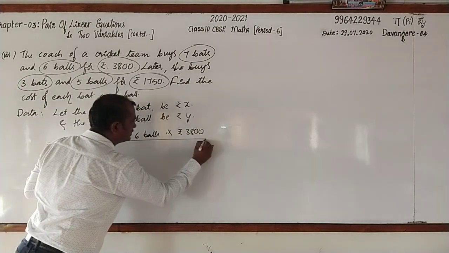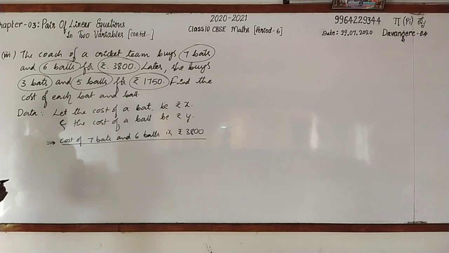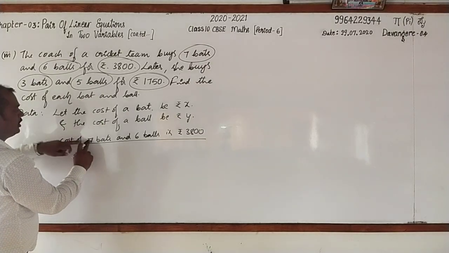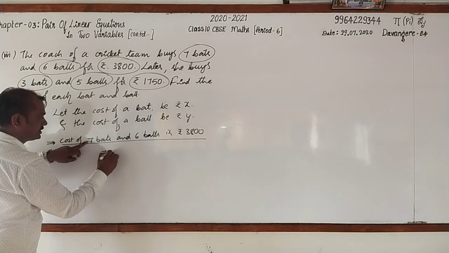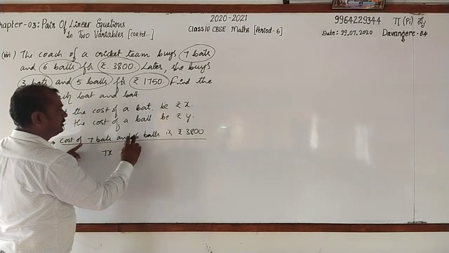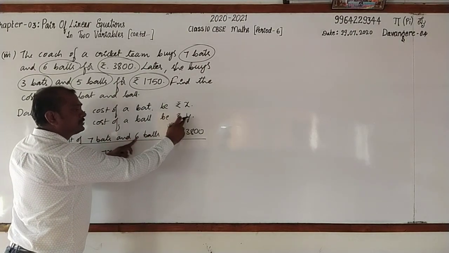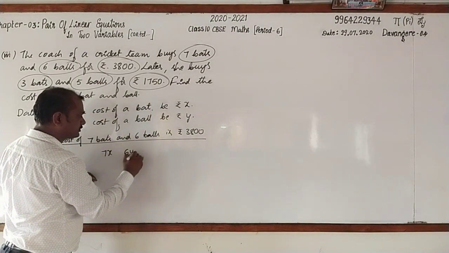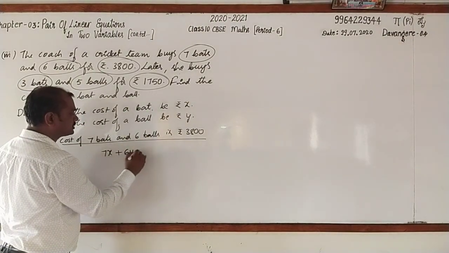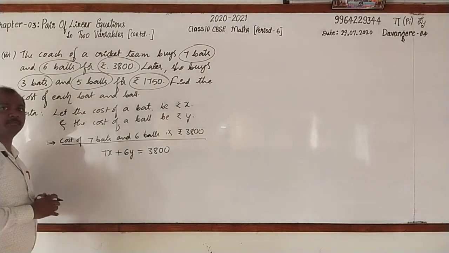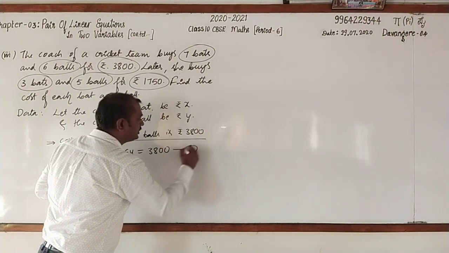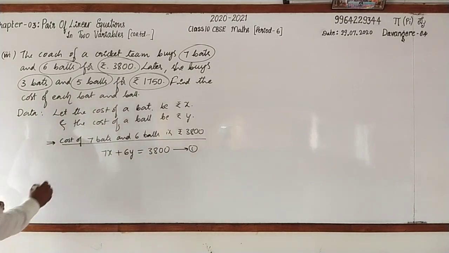Let us convert this statement into a mathematical equation. What is the cost of 1 bat? Rupees x. 7 bats, 7x. Then 1 ball is rupees y. 6 balls, 6y. Together the overall cost is 3,800. Such a simple statement it is. You may call it equation 1.